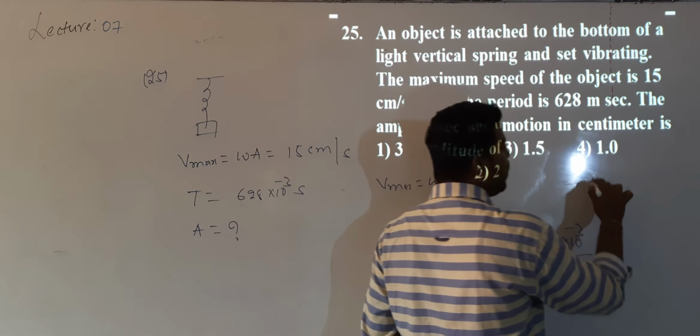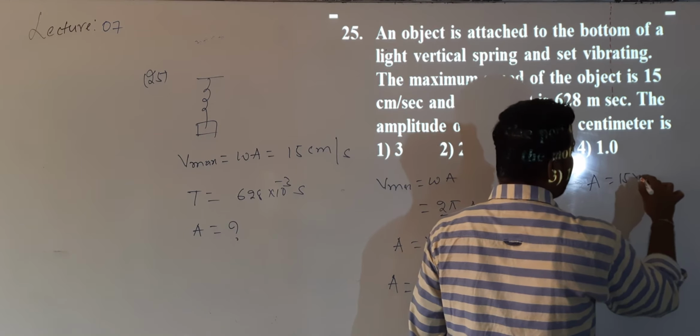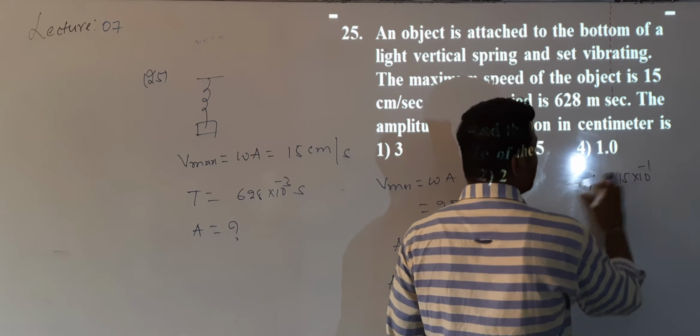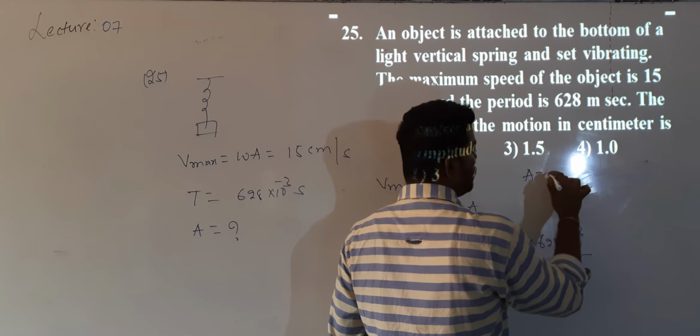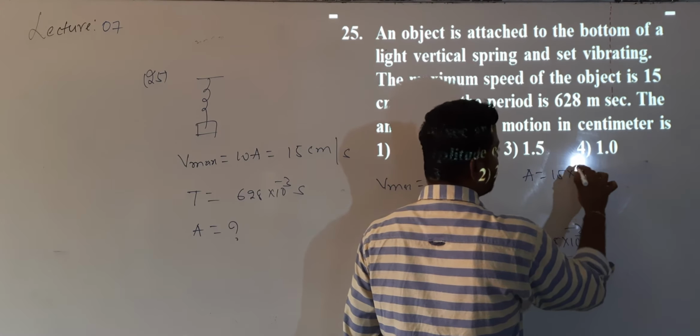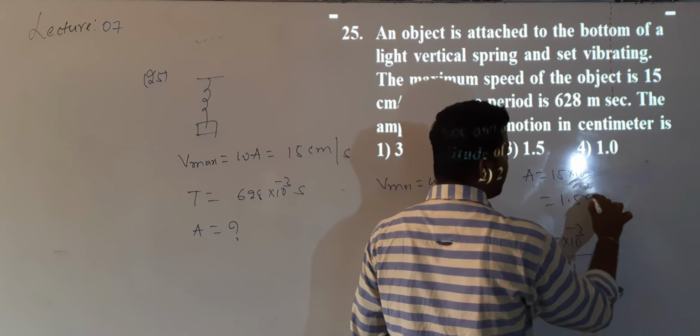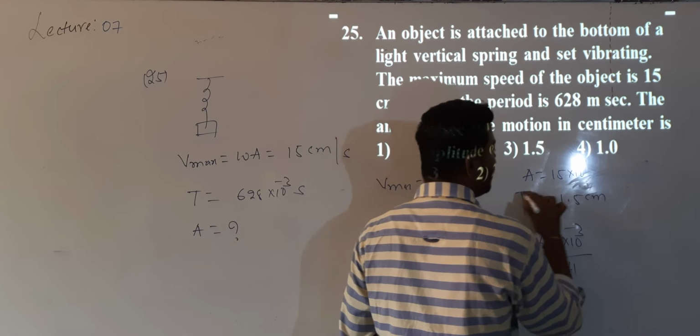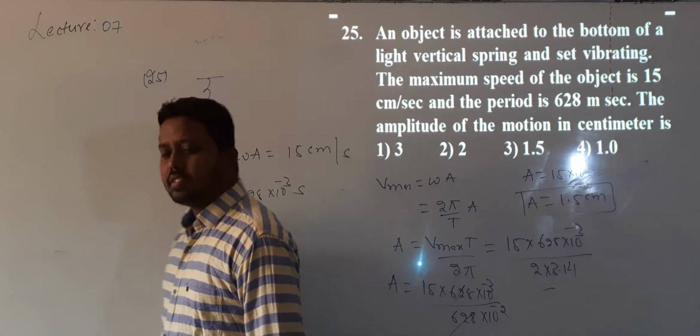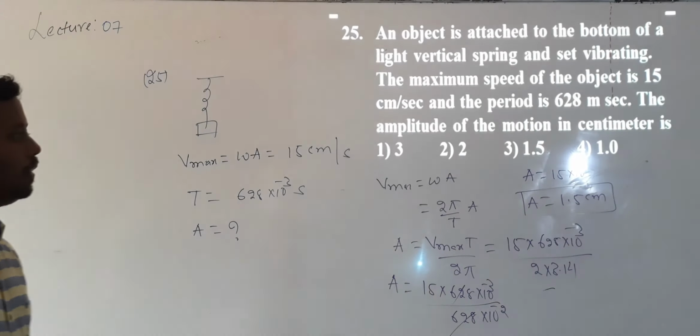What is the amplitude value? 15 into 10 power minus 1. So that is the A value, 15 into 10 power minus 1, which is 1.5 centimeters. Simple question. This is question number 25.